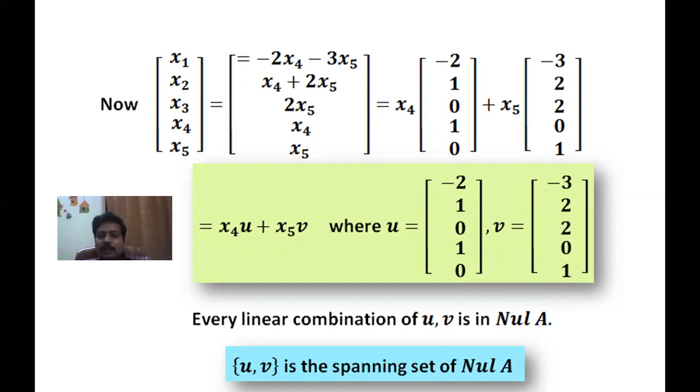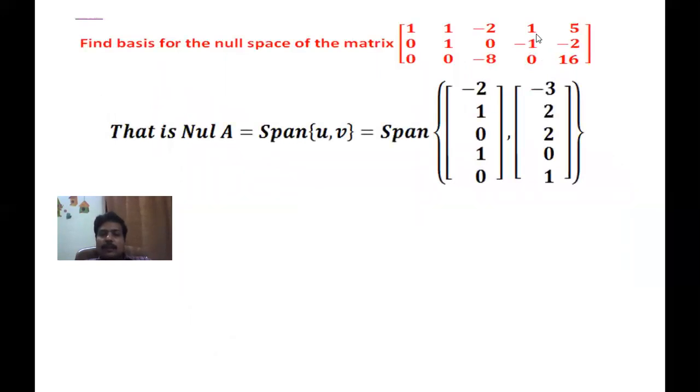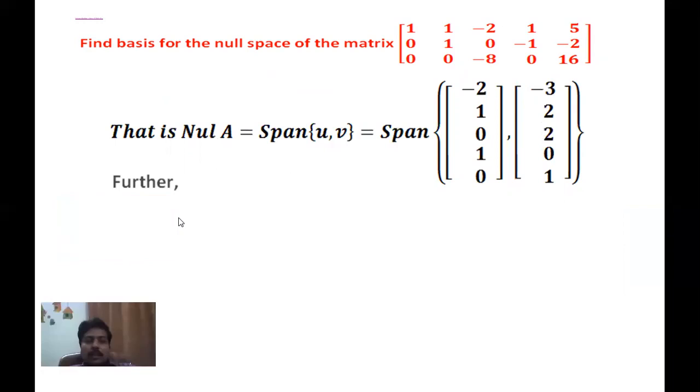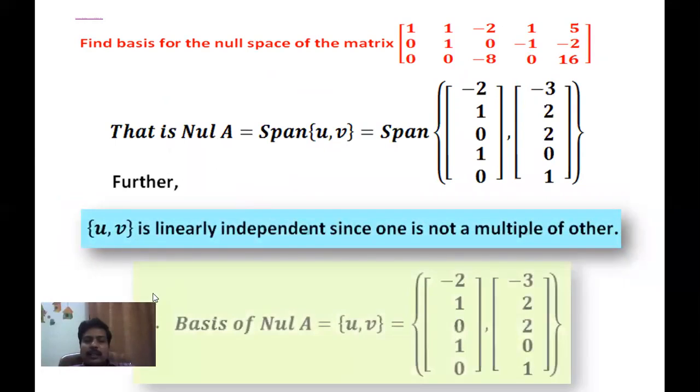And we can observe that these two are not multiples of each other, so you can't get this vector from using this one. So null A can be written as the span of {u, v}, that is, span of this. Further, these two are not multiples of each other, so they are linearly independent.